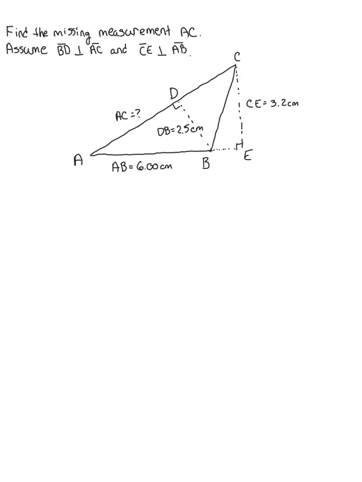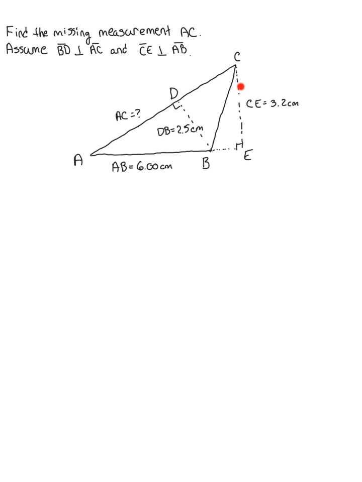However, in order to solve for the length of DC, we would need to know that that's a right triangle, and that is true because this is a 90-degree angle here, so this must be 90 degrees as well. And we know one side, but we don't know this side. If we knew this side, then we could use the Pythagorean theorem a second time and find that side, but we don't.